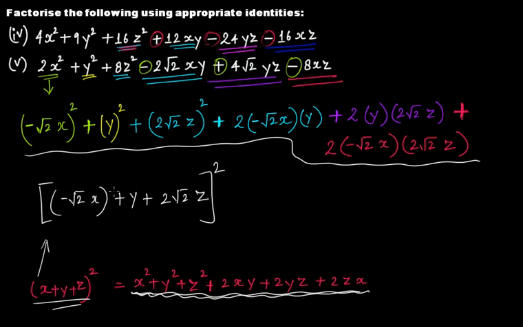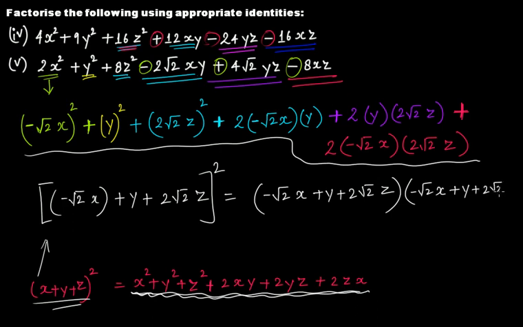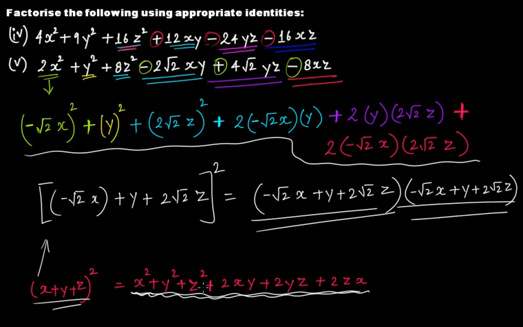Therefore, your two factors will be minus square root 2x plus y plus 2 root 2z and multiplied by minus square root 2x plus y plus 2 square root 2z. These are the two linear polynomial factors of this quadratic polynomial.